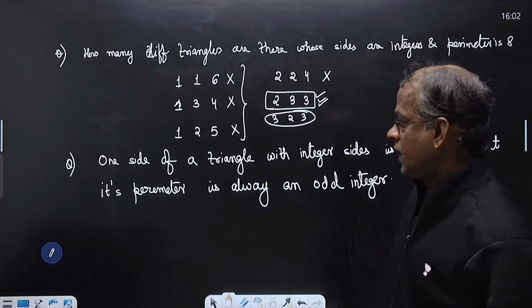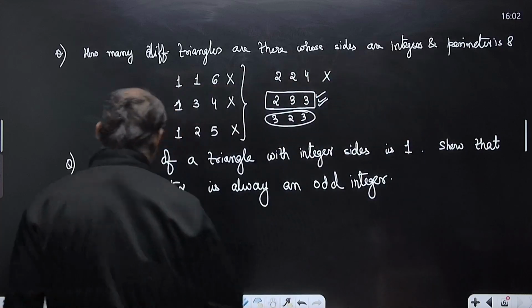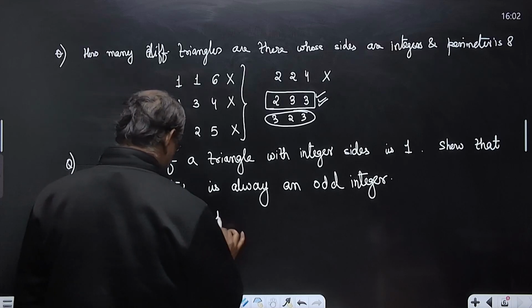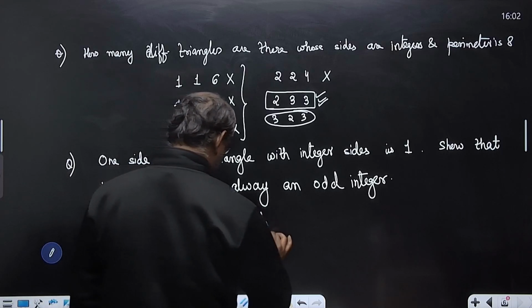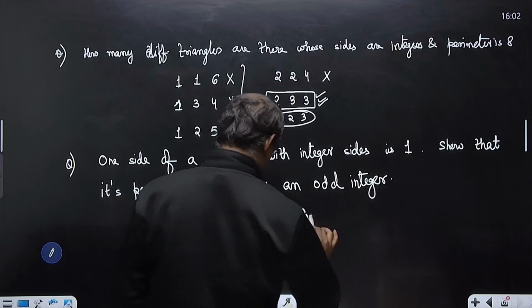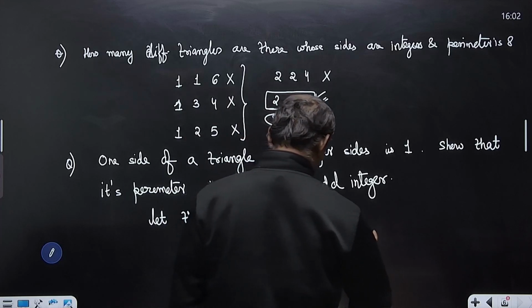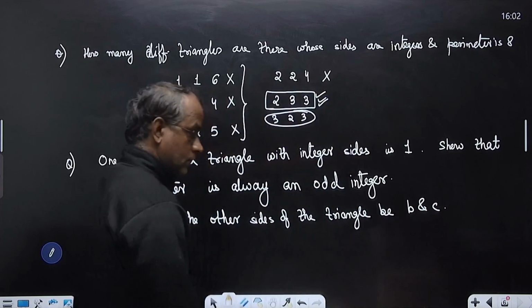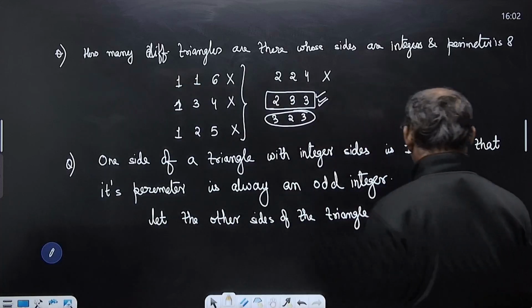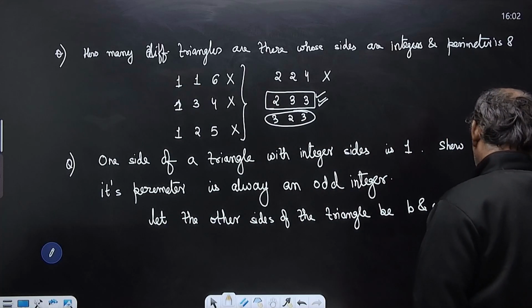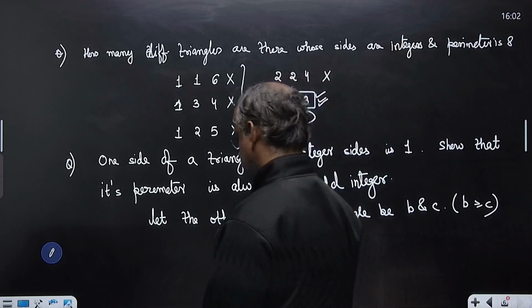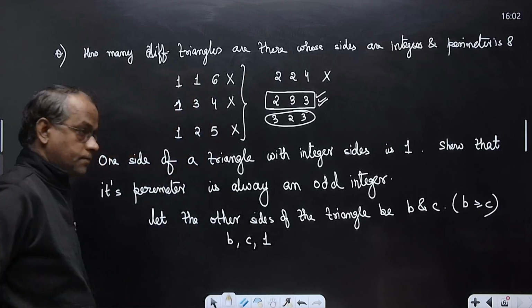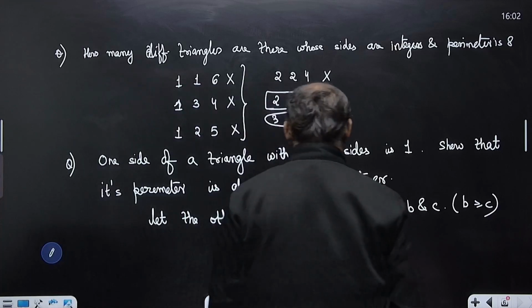Can you think of a triangle with side 1? So let the other sides be B and C, with B greater than or equal to C. Okay, so sides are B, C, 1.